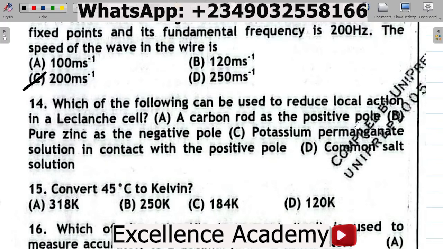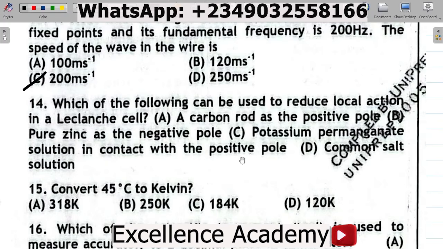Local action is simply an unwanted side reaction of a cell where impurities in the zinc electrode react with the electrolyte, causing corrosion and reducing the cell's efficiency. To reduce this, we use potassium permanganate solution in contact with the positive pole.